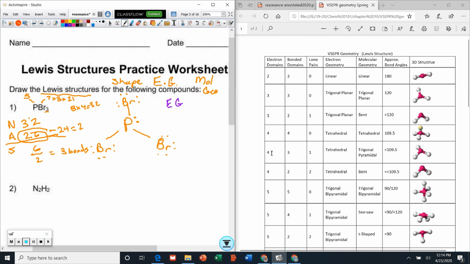All right. So all of these sections of 4. Now, the next thing I need to look at is how many of those are bonded. So I have 1, 2, 3 that are bonded. So that means that I'm at 4, 3. So for there, I can look that has one lone pair right there, and it's tetrahedral. All right. So my electronic geometry is tetrahedral.